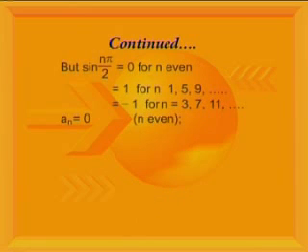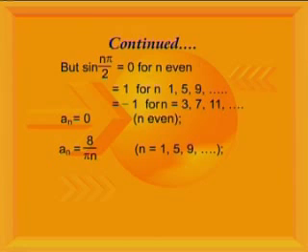When n is even, this will become 0. When n is odd, if it is of the form n equal to 1, 5, 9, then a_n is equal to 8 over pi n.